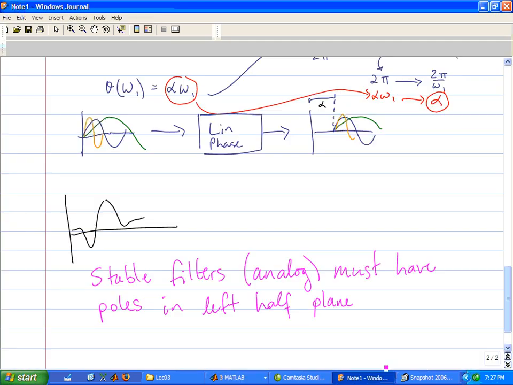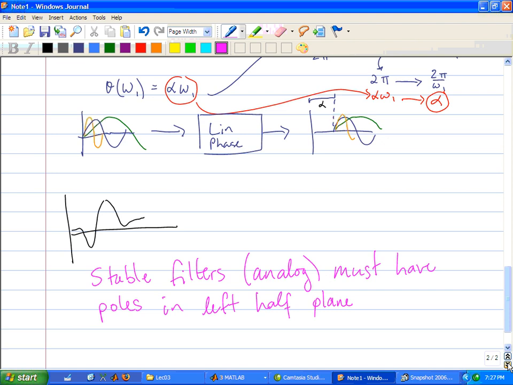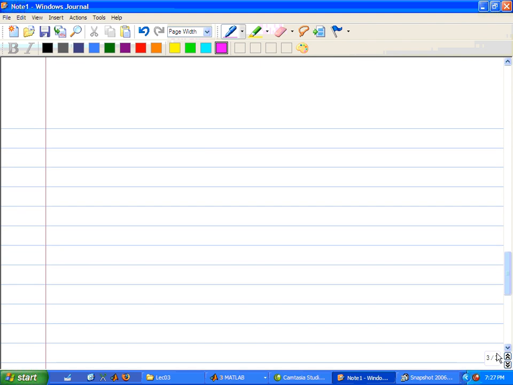So let me just draw a quick diagram for you. We'll start a fresh page. So here's what we've got so far: DTFT versus DFT. Both of them take discrete, and I'm using discrete or digital as synonyms, discrete or digital input.